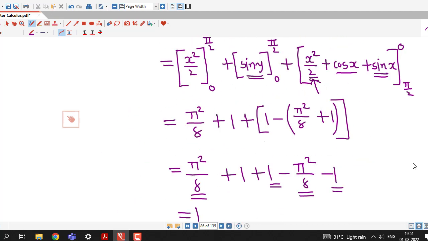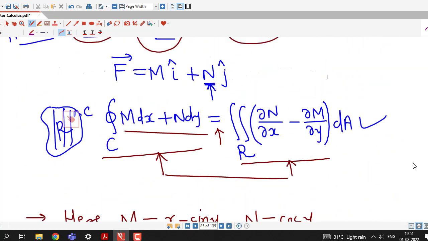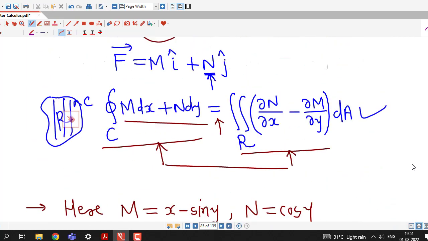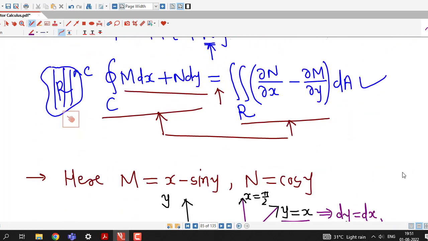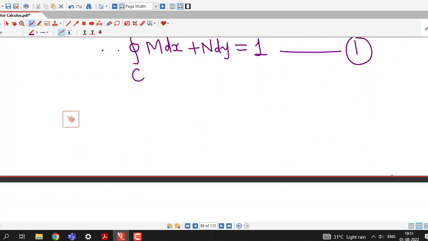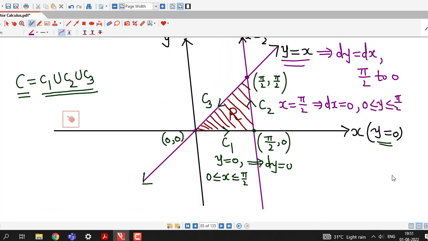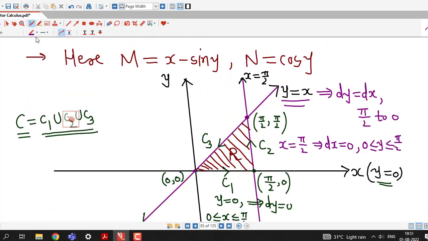Now we find out double integral over this region R, and our answer must be same whatever answer we have obtained for line integral. For line integral our answer is 1, therefore value of double integral over this region must be 1. Now for double integral, first we have to decide whether we want to integrate with respect to x first or with respect to y first, because we have to decide the limits of integration.